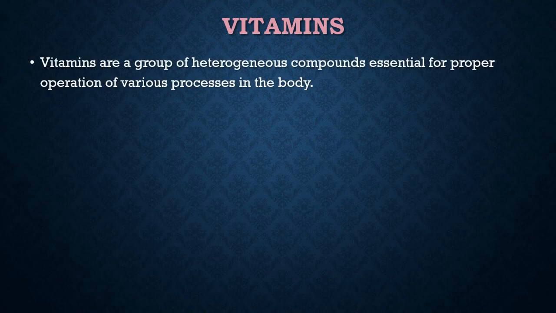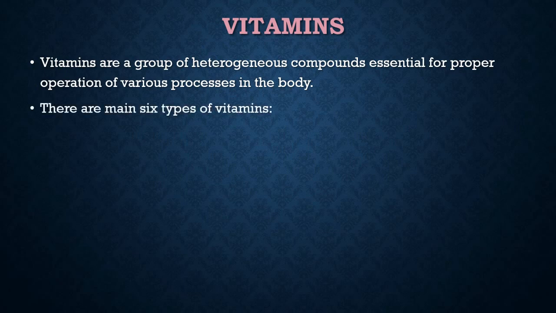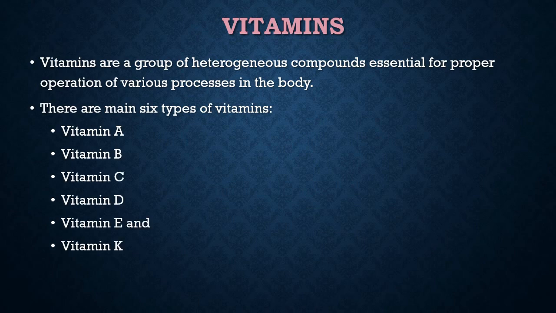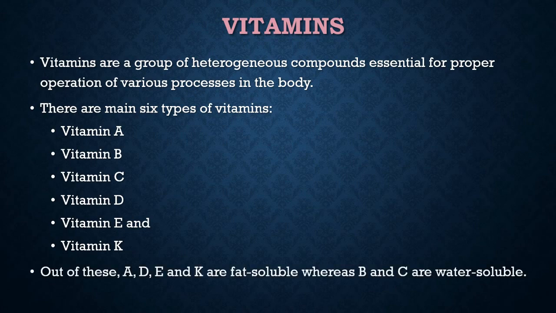Vitamins are a group of heterogeneous compounds essential for the proper functioning of the body. There are six main types of vitamins: vitamin A, B, C, D, E and vitamin K. Out of this, vitamins A, D, E and K are fat soluble, whereas vitamin B and C are water soluble. We are going to learn more about these vitamins one by one.